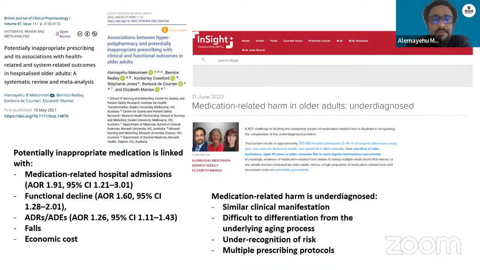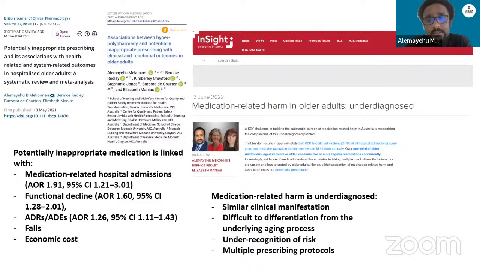For example, the first systematic review and meta-analysis I conducted shows that potentially inappropriate medication is linked with medication-related hospital admissions, functional decline, economic cost, and adverse drug reactions and adverse drug events. Summing all the findings together, there is an underdiagnosis of medication-related harm.